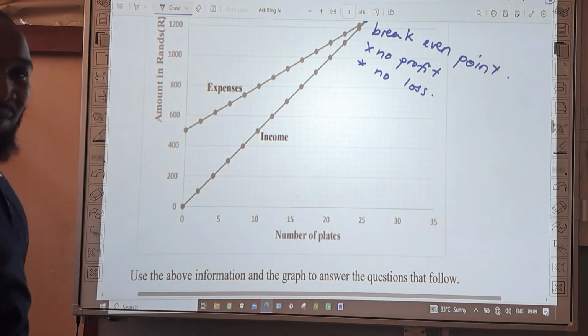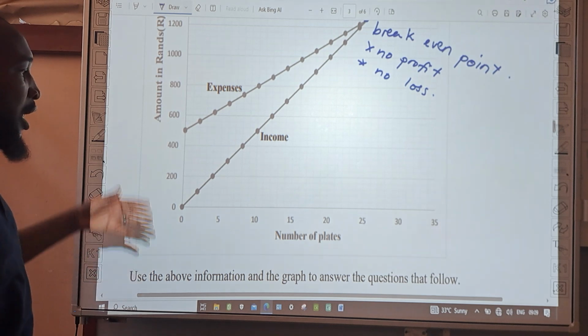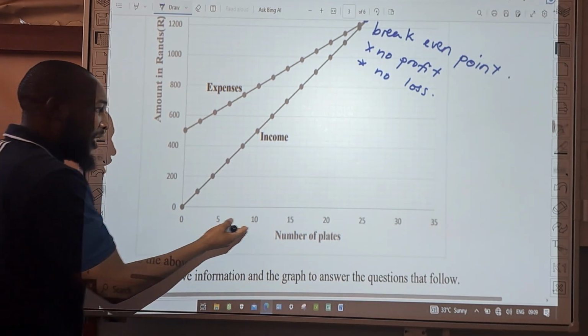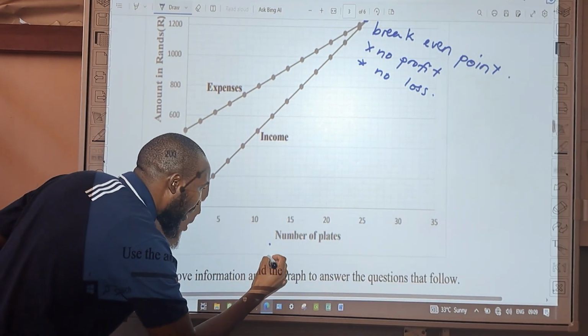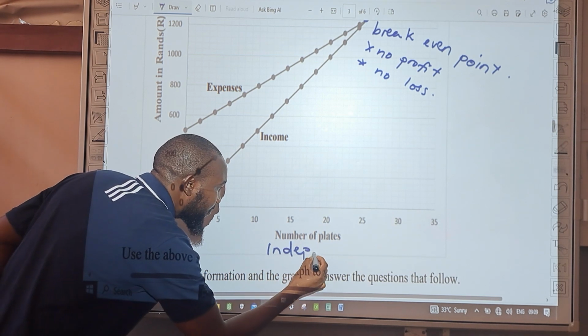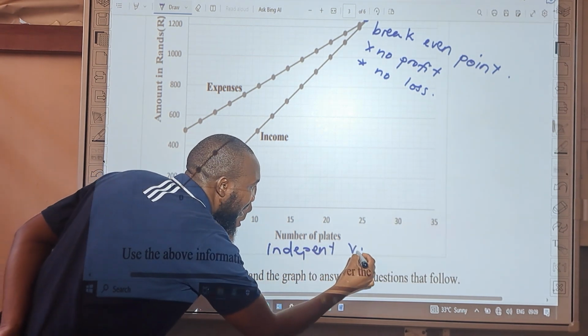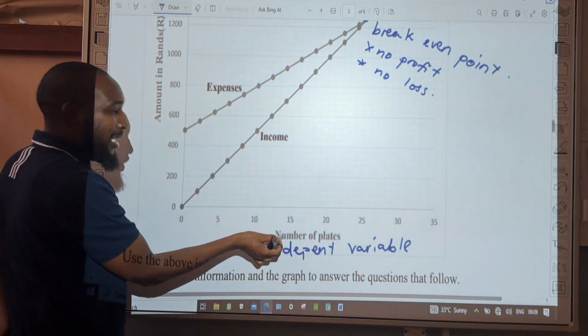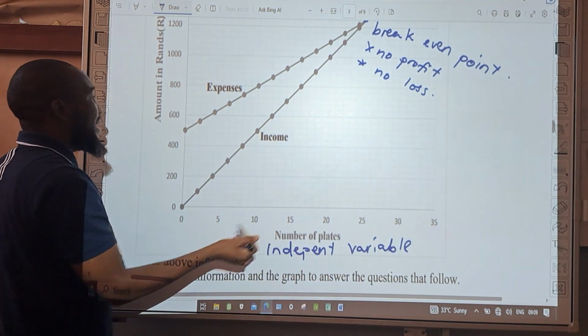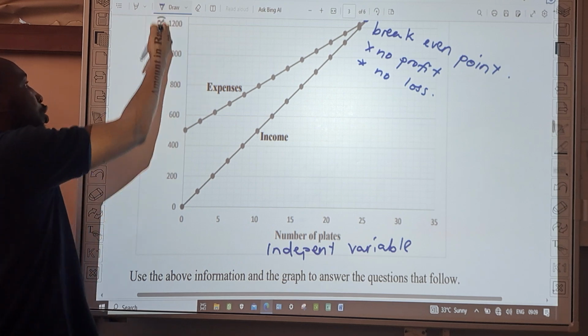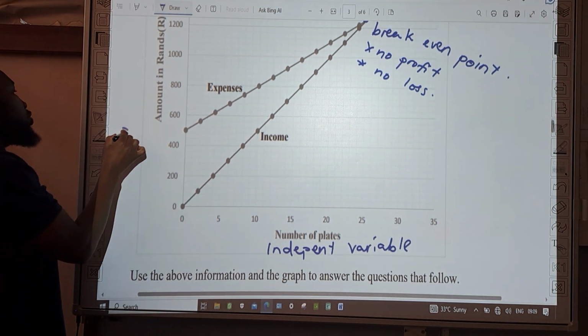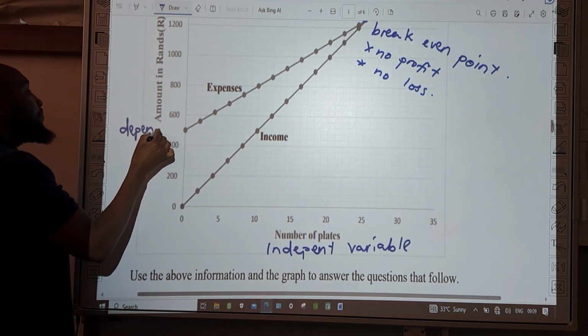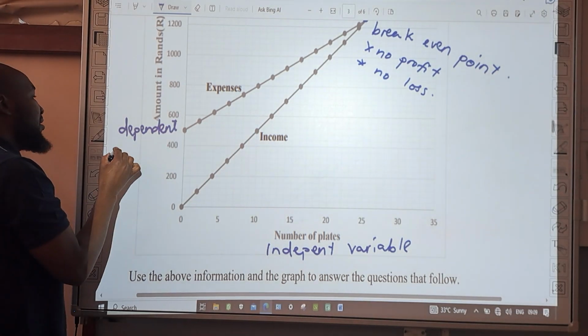So, just a word of advice. Your independent variable will always be on your x-axis. So this is our independent variable. This one. So meaning to say our independent variable is our number of plates. And then what is on the y-axis is going to be your dependent variable.